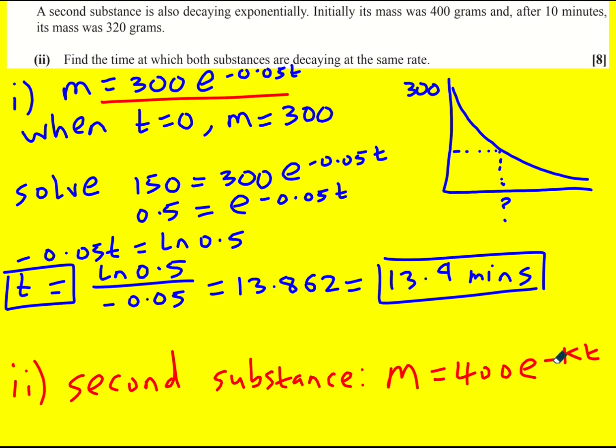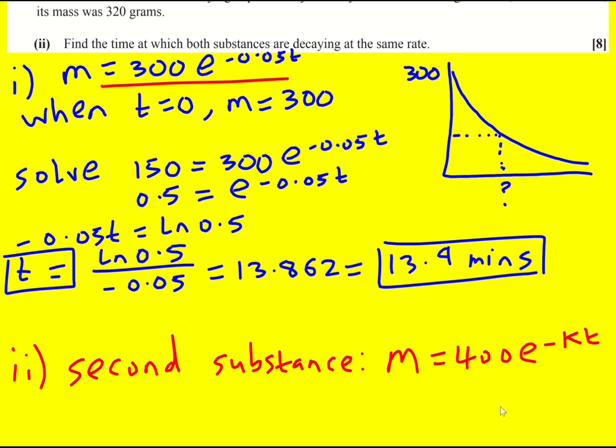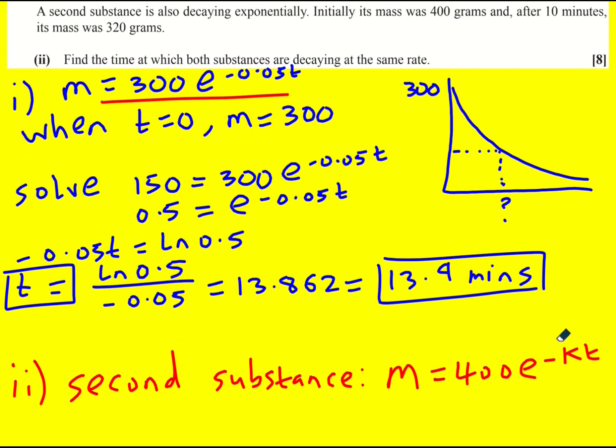For me, k is going to be positive because I'm expecting minus some positive number times t. If you put in e to the kt, don't worry, you just get a negative value for k. That's absolutely fine. That's your typical equation for exponential decay, with some sort of A or even M0 used for the initial value. But we know that it's 400, so we'll go with that.